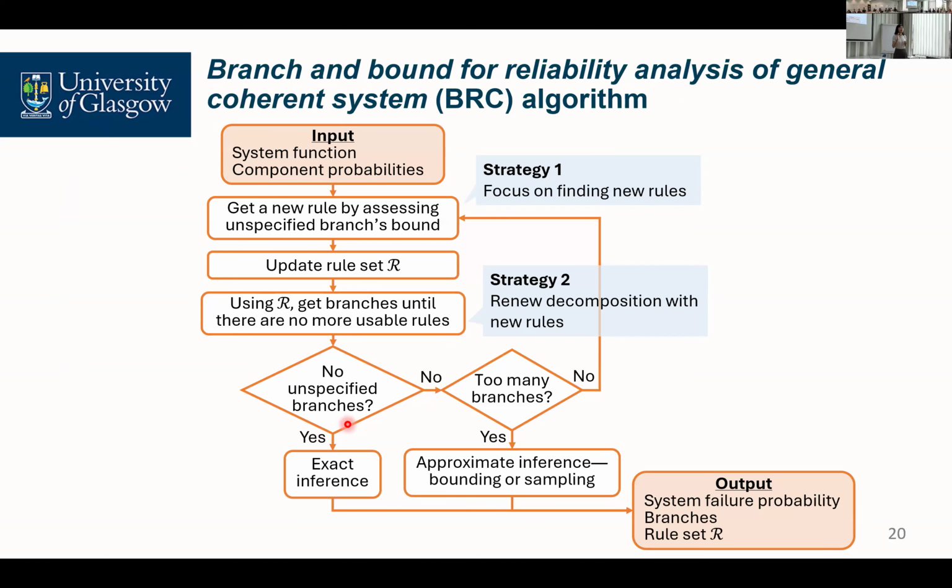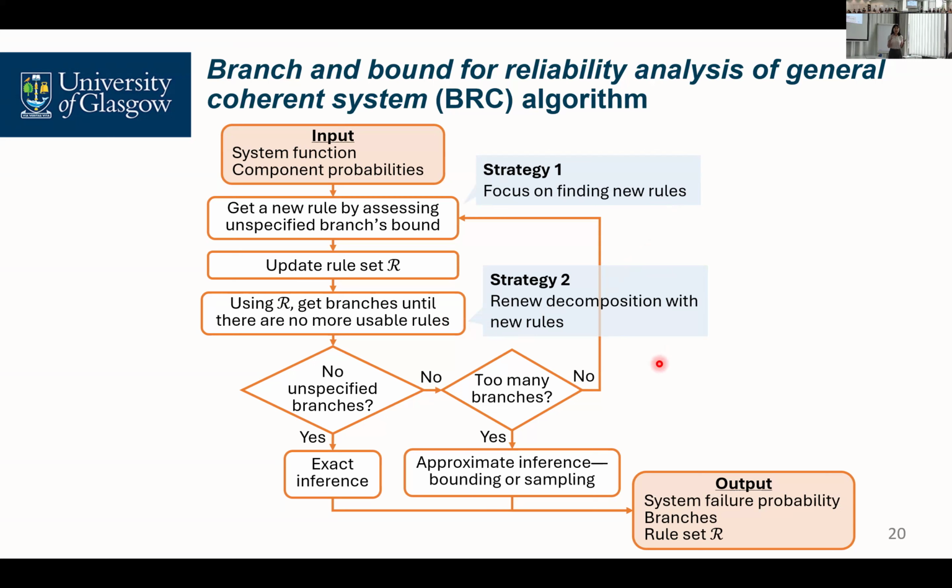Algorithmically, the BRC algorithm is a bunch of heuristic strategies based on previous observations with these decomposition methods. This is a brief illustration, where the focus is on how we can find new rules from the branches where we cannot specify the system state, and also how we can renew the decomposition with new rules.